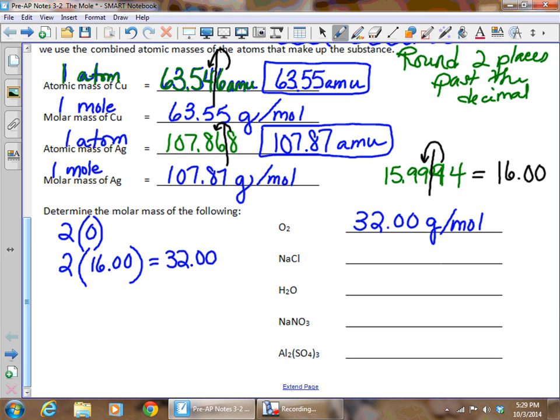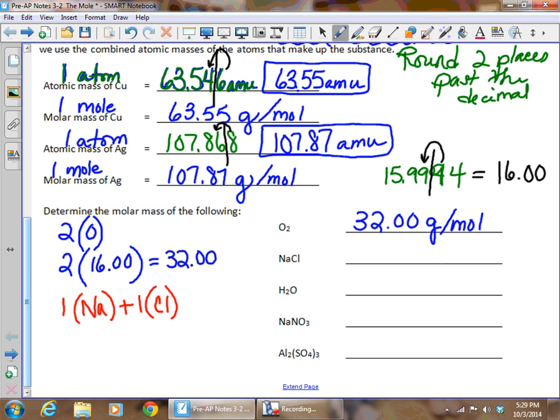What about for sodium and chlorine? Well, yesterday when we were doing this, we said that there was 1 sodium in NaCl and 1 chlorine, and all you're going to do is put a plus in between there. And I've got to see this. If I don't see this, you're going to get it wrong because I want to see this work.